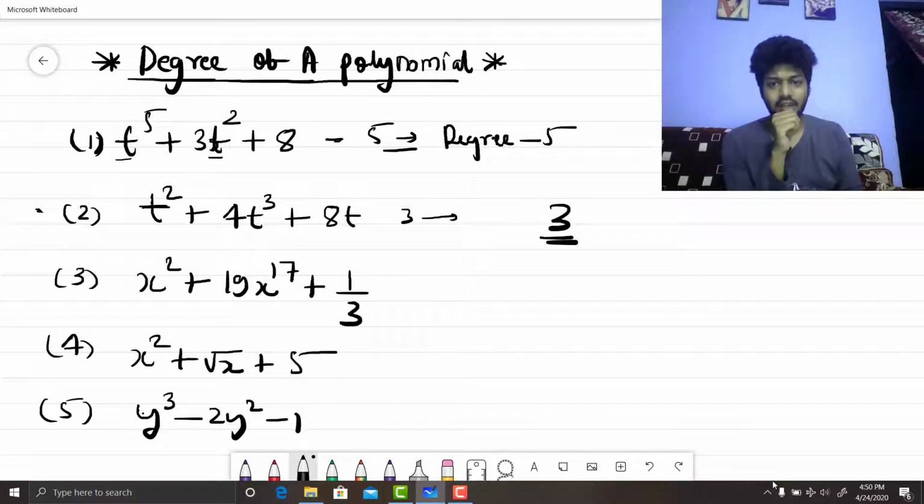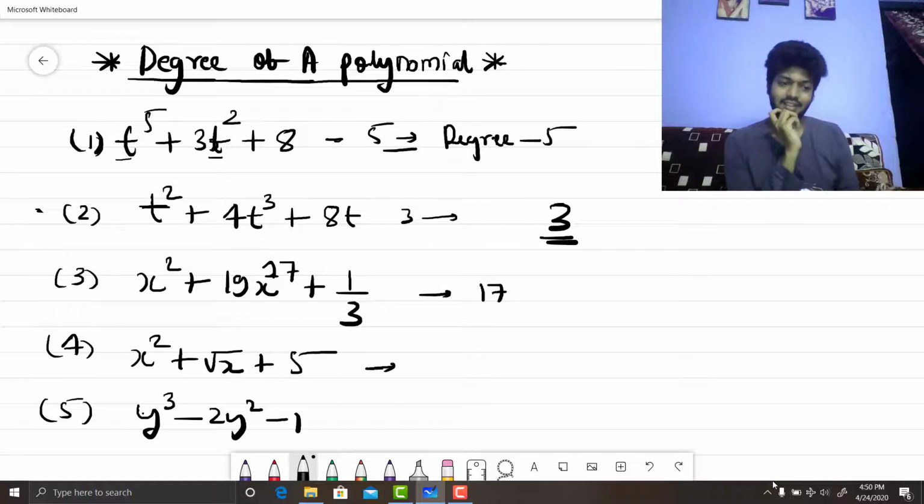Okay, I'm writing in bold letters here. So here the variable is x and the degree is 17. What about here? If you have answered this as 2, then you are probably wrong. Why am I saying so?